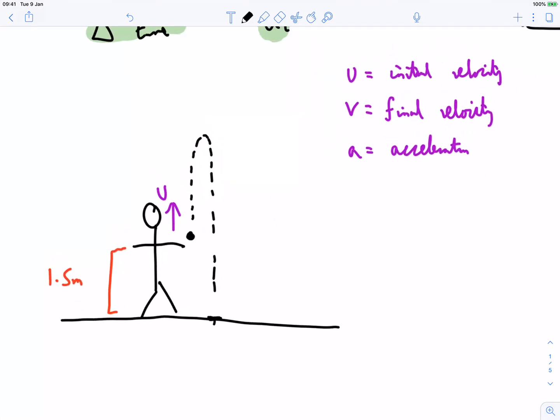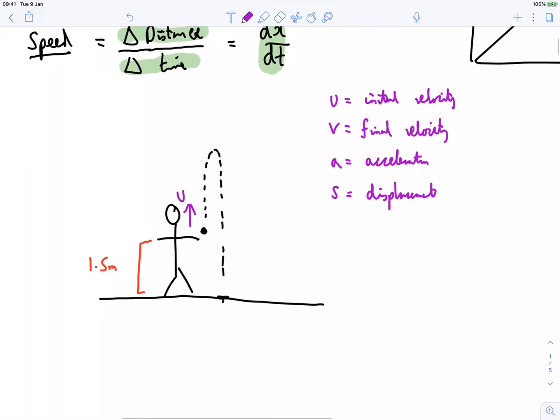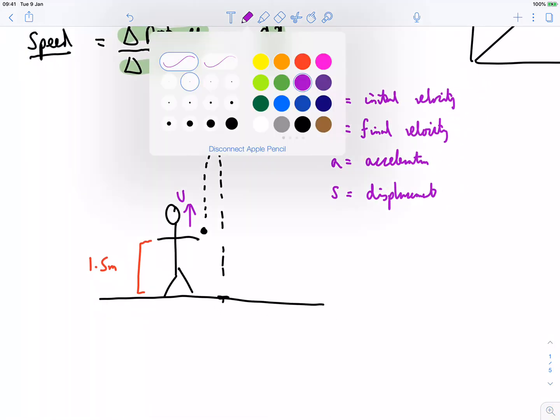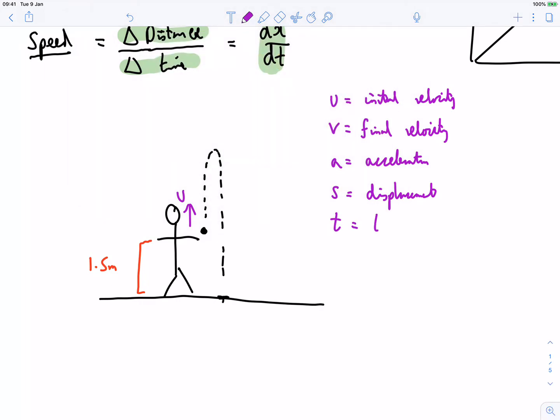That's really important. We're going to let s be displacement, i.e. the total distance away from an original point. And we're going to let t equal time. Now that's a scalar. There's no direction to time. It just is.